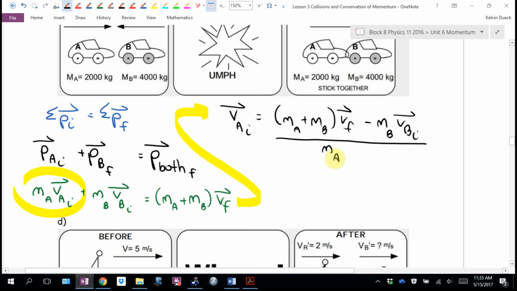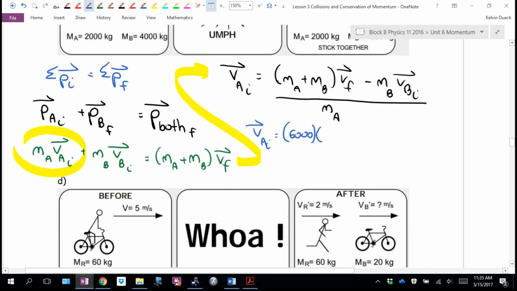All right, plug and chug time. The incoming velocity of object A. Mass of both, is it 6,000? The cars have changed. 2,000 plus 4,000, 6,000? Do you mind if I go straight to that in my head? V final, I've scrolled down. What was V final? Positive or negative? Positive, okay. Take away mass of B, which is 4,000. What was V initial of object B?